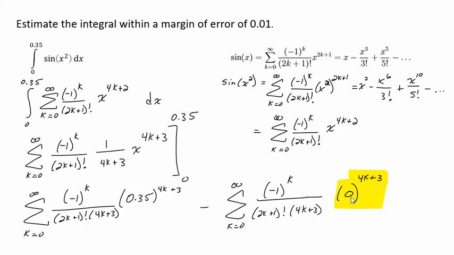My second term when k is 1 is going to be a different constant times 0 to the 7th, which is 0. When k is 2, I'm going to have some constant times 0 to the 11th, which is still 0. Right? So this part comes out to be 0. So what we're left with to evaluate our integral is this series right here.